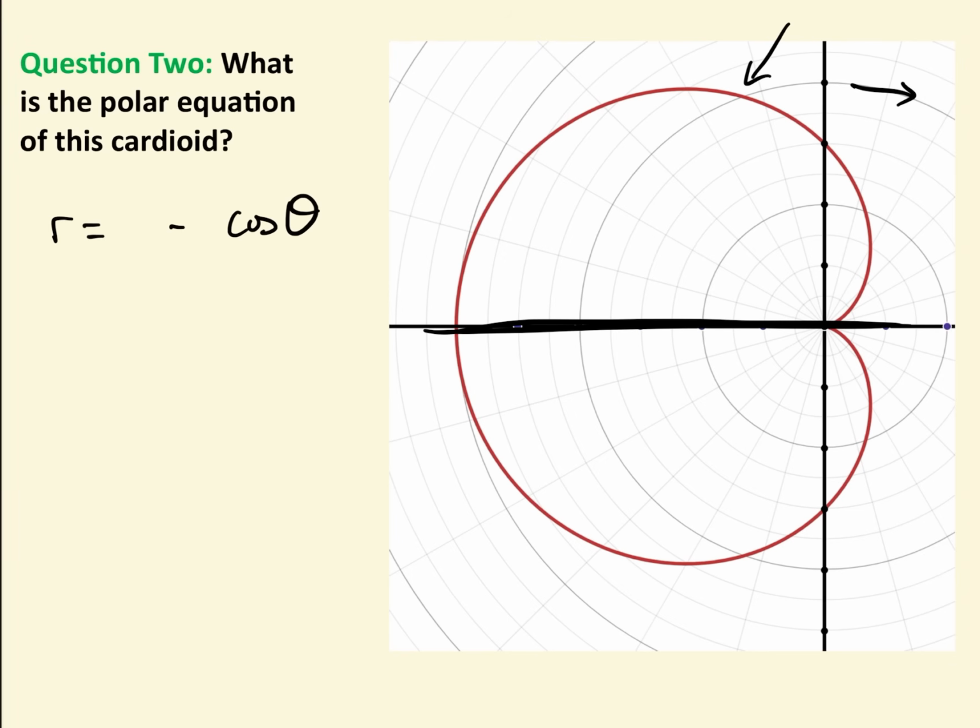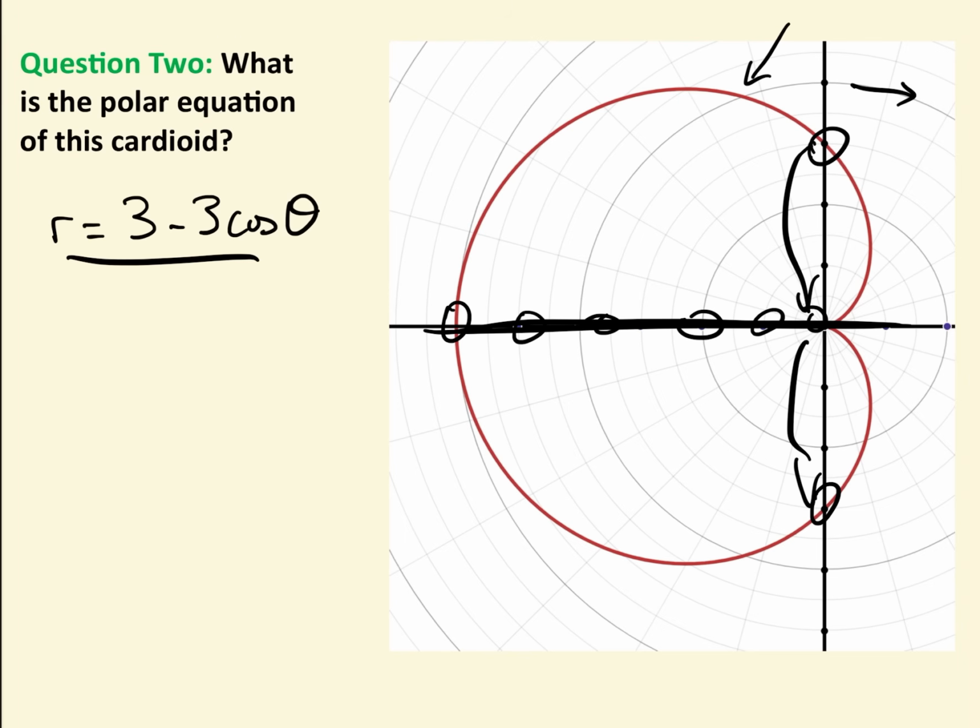And how do we find out what the something is? Well, what we do is we add up 1, 2, 3, 4, 5, 6. So the height is 6. So it would be 3 minus 3 cos theta. And again, we notice that it crosses here at exactly the 3 and the 3. So the equation of this one is 3 minus 3 cos theta.